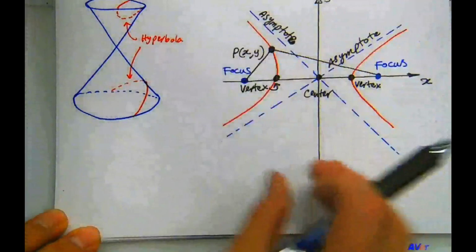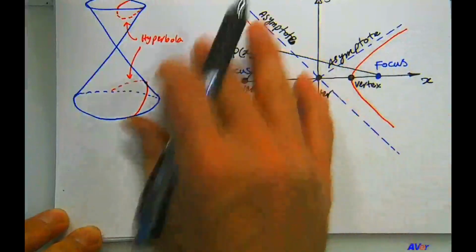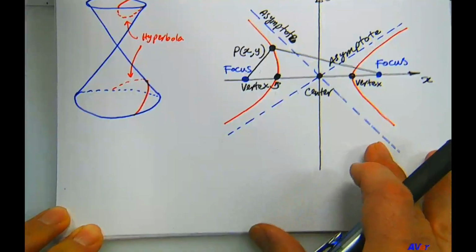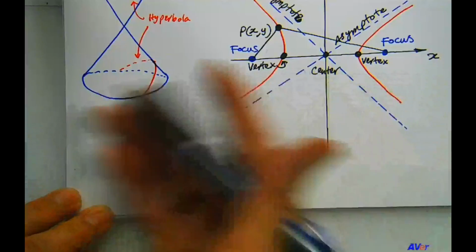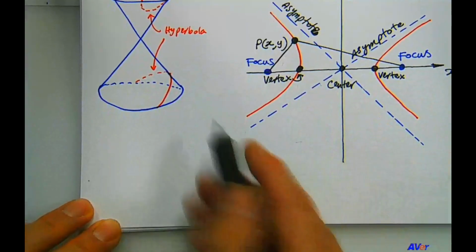This is just the basic anatomy. At this point, I want you to just note the basic anatomy of a hyperbola, and also I want to give you a description of what this figure is trying to say.